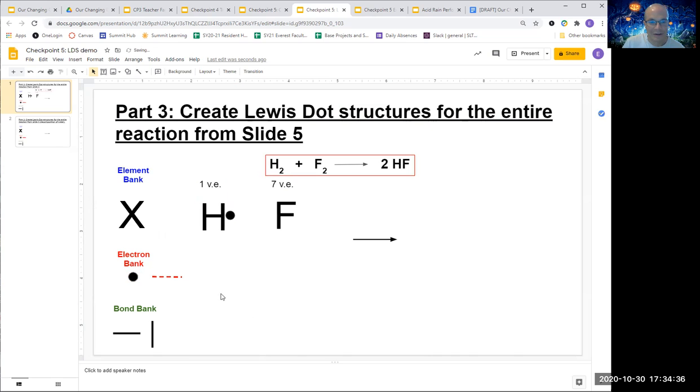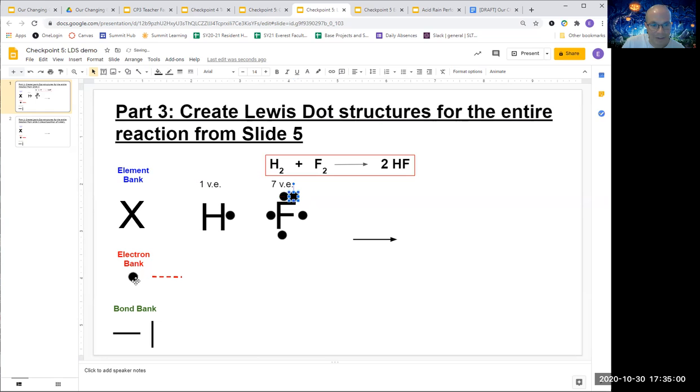So hydrogen, 1 valence electron. That's our hydrogen atom. Now fluorine, 7 valence electrons. I'm going to start on the left this time. So we have 1, 2, and remember, when we put the electrons in, always put 1 electron in each of these 4 positions before we start making electron pairs. Okay, and then we can start pairing them up.